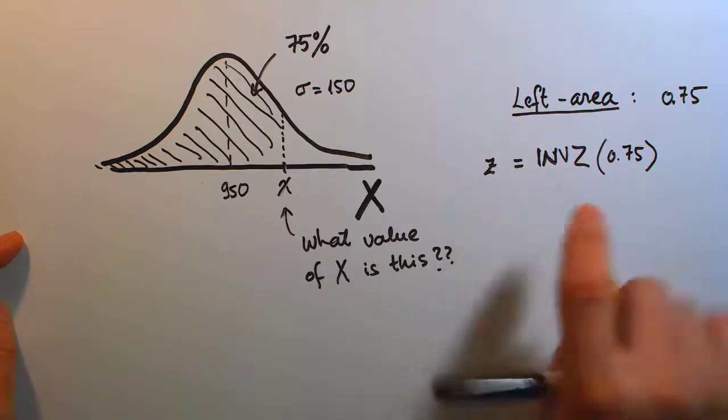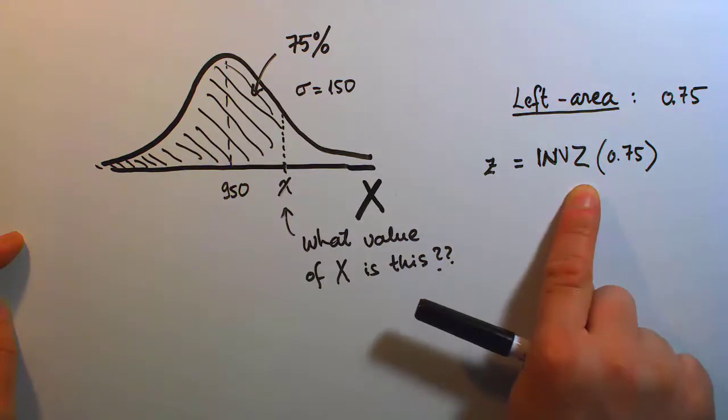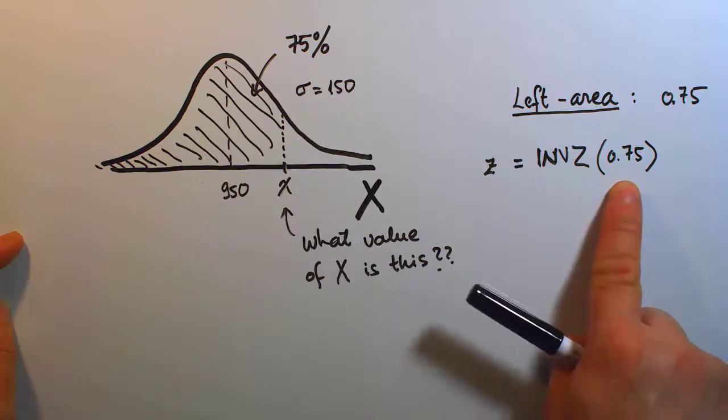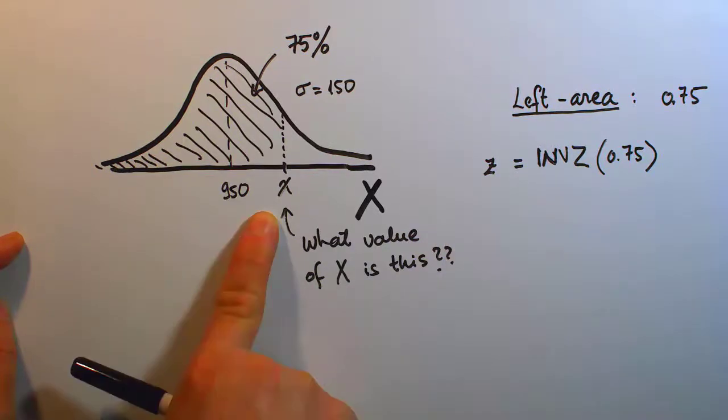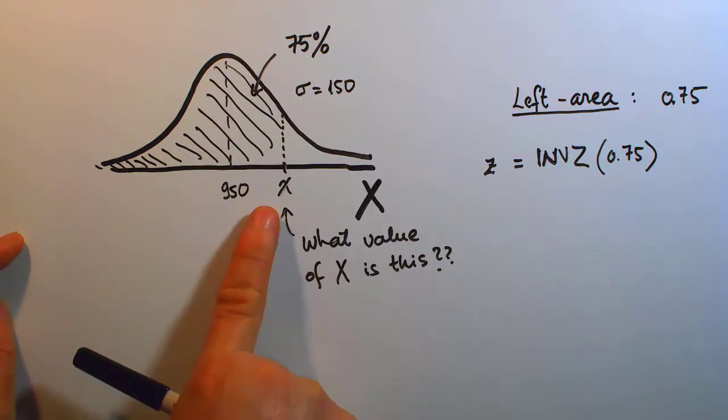So after running my InvZ program on that given area, we should be expecting a z-score, and that z-score here is the corresponding z-score of our value x.